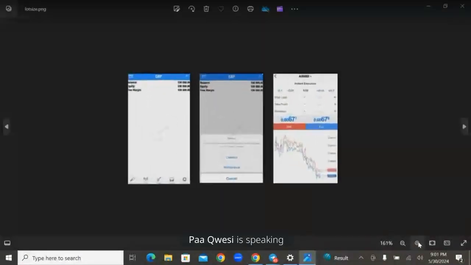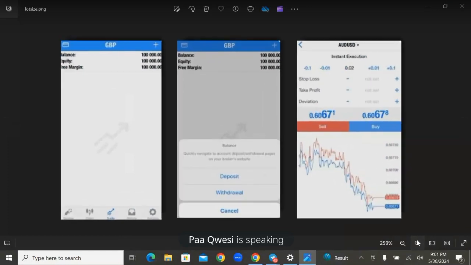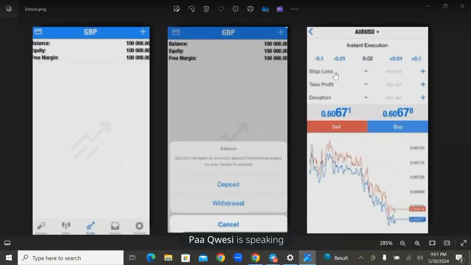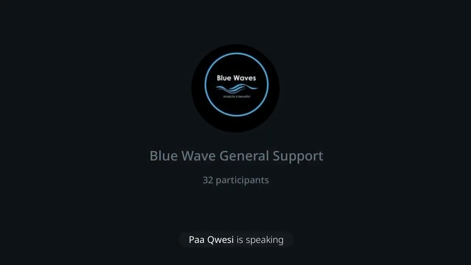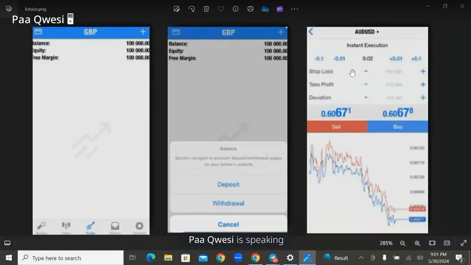When you come here, you have to set it in. You see what you see when you click on the quote. If you click on buy, the broker is going to ask you to set your stop loss and your take profit. With the stop loss price, this is where you are going to set it, and you need to set your take profit. So you add the prices over here.